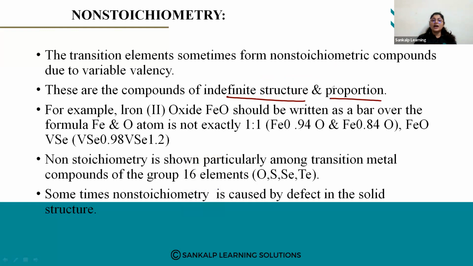For example, iron(II) oxide, FeO, should be written with a bar over the formula, as the Fe and O atoms are not exactly 1:1. If this were a stoichiometric compound, we would say 1:1, one atom of Fe for one atom of oxygen.